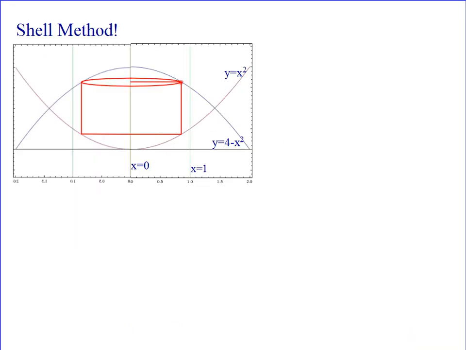Okay. So what we have here is your cylindrical shell, and your volume for that cylindrical shell. Remember, it's like a paper tube, so you have a surface area times a thickness.